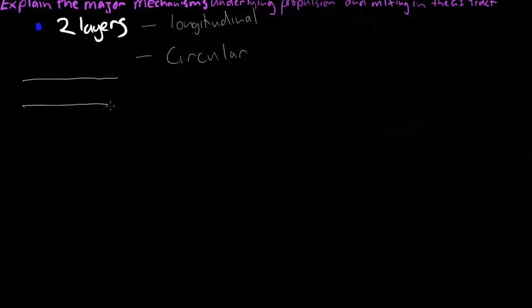Now, if we draw a piece of small intestine, for example, the longitudinal muscles are arranged lengthwise, so that when they constrict, they shorten the length of the GI tract, whereas the circular ones, if you can imagine this as a 3D structure, as a pipe, have the effect of shortening the diameter, or constricting the lumen, so decreasing lumen size.